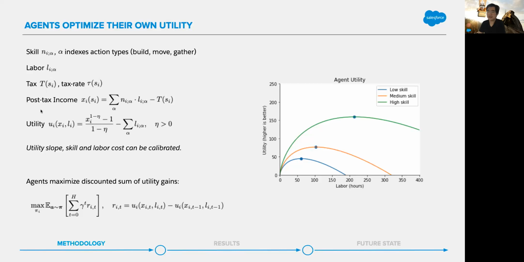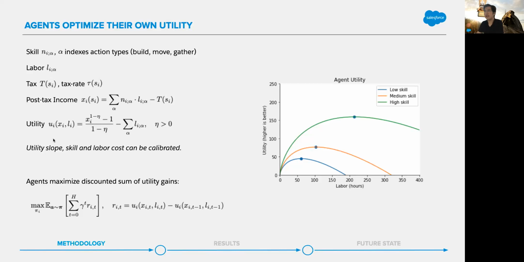Altogether, this gives you the so-called post-tax income, denoted by X, where X is just how much you worked times how much skill you have. That gives you an amount of money, and then we subtract some amount of tax from that. This tax, again, is going to be determined by the social planner, but for the agent, it's a state-dependent function, or just a scalar.